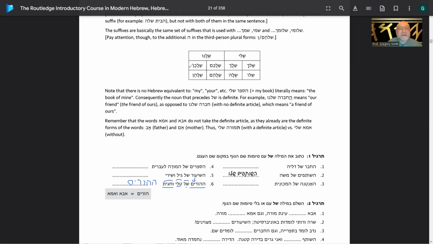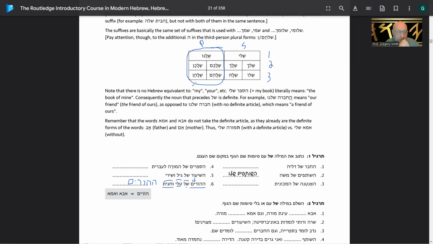So their parents, it's going to be on this side here. I know that because we're talking about plural. This one's singular. This is first, second, and third.